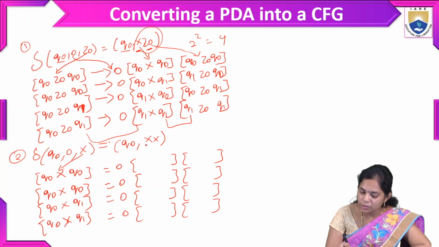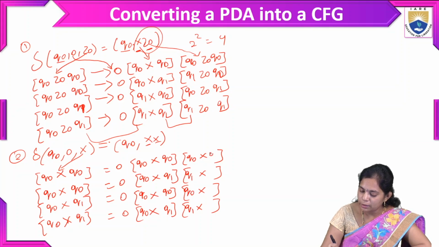Here for the combination we have the 2 values, X, X. Now we will write the states Q0 and Q0 here, and here Q0, Q0, Q0, and Q1, Q1, Q0, Q1, and Q0, same thing, Q1 and Q0, Q1, and here Q0, Q0, Q1 and Q1.